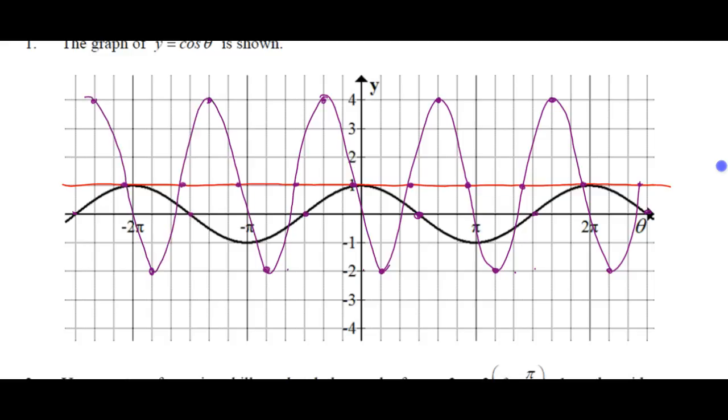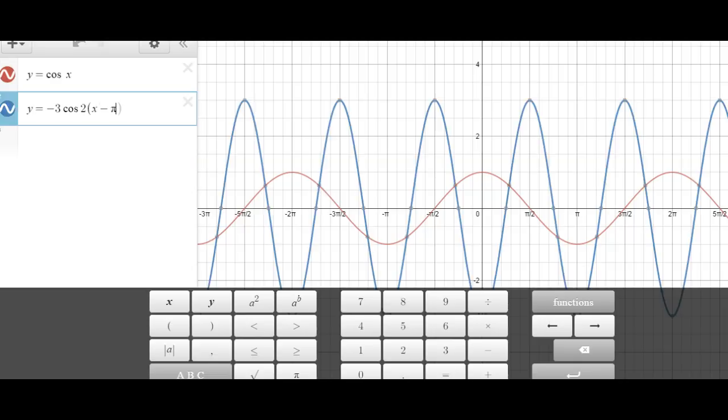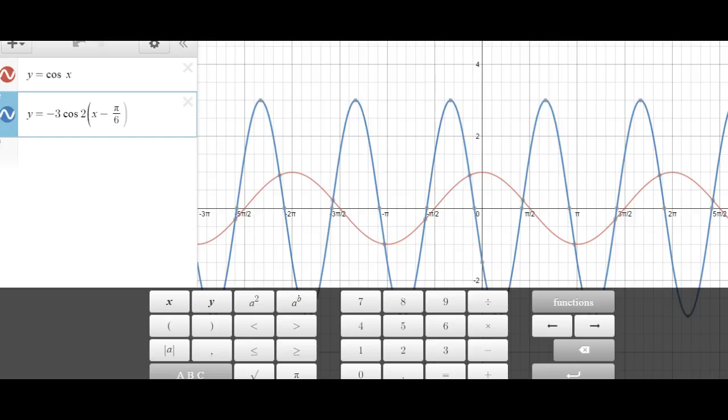And there we go. Okay. Now, let's just give that a shot on here. So, okay, what are we looking at? y equals -3 cos(2x - pi/6), and then what do we got to do?